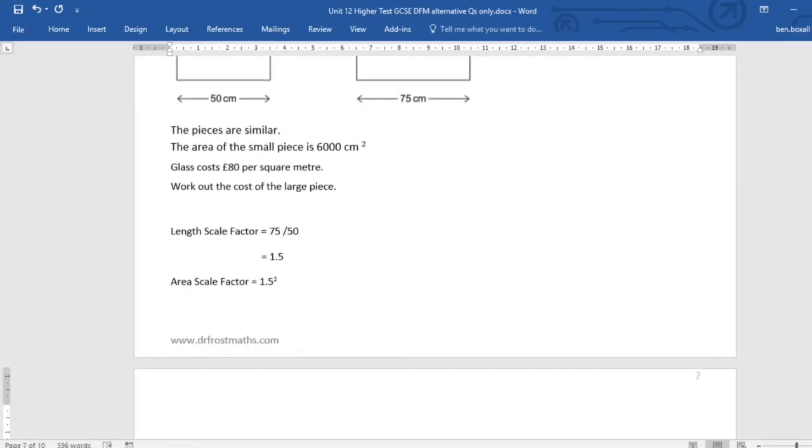Okay, 1.5 squared is 2.25. So I can use the area scale factor to scale up the smaller area, which is 6,000, to give me a bigger area. So big area equals 6,000 times by 2.25.